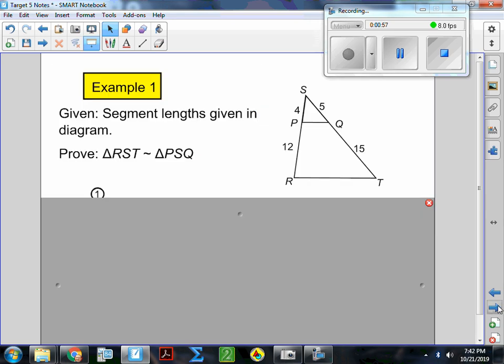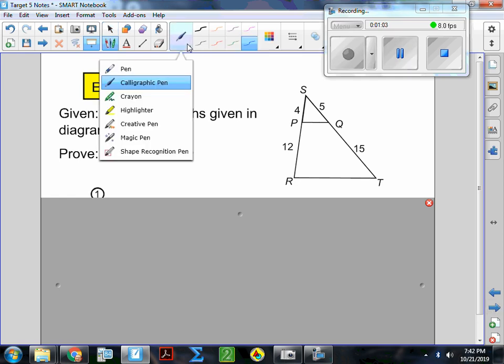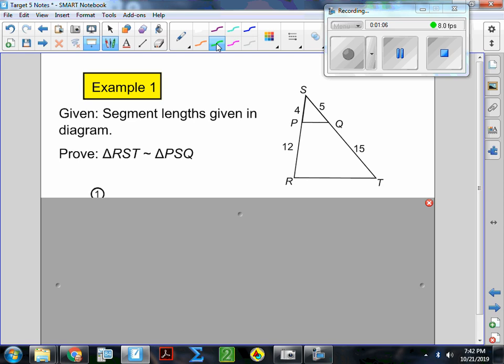All right, example 1. We have this triangle, big triangle RST. We're trying to prove triangle RST is similar to PSQ. So first you just need to make sure you see what triangles you're talking about.